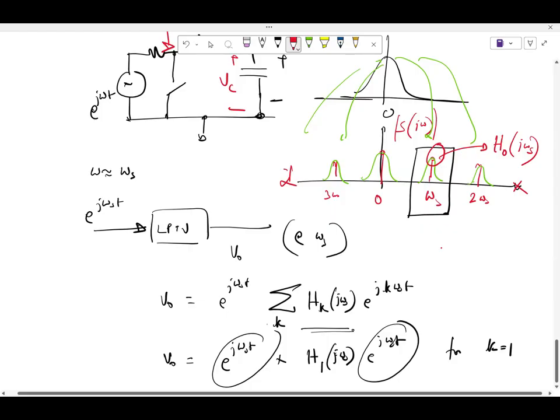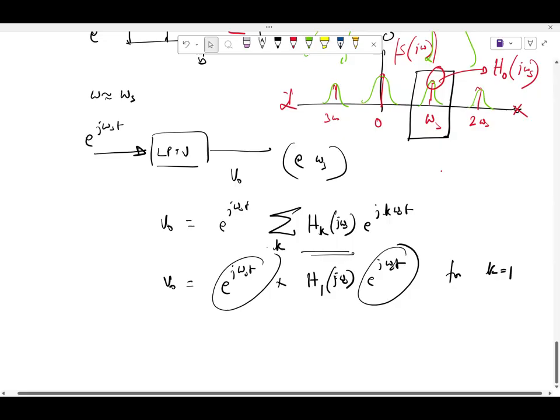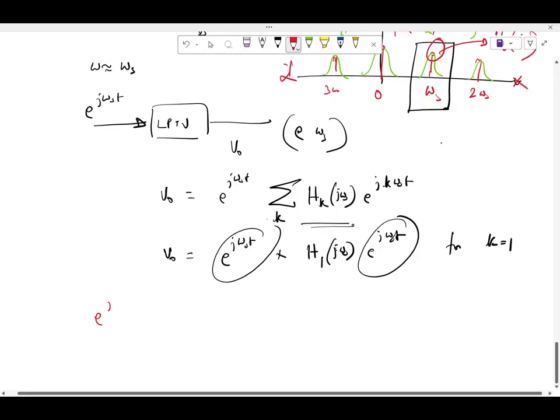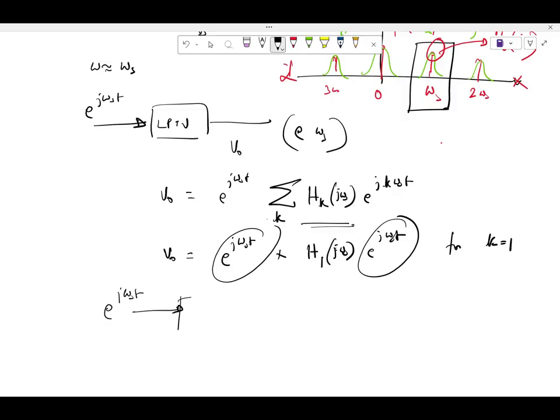Okay? Make sense? If I'm applying e power j omega s t, and this is my LPTV, the switched RC that I'm looking at, and I am observing at 0, right?